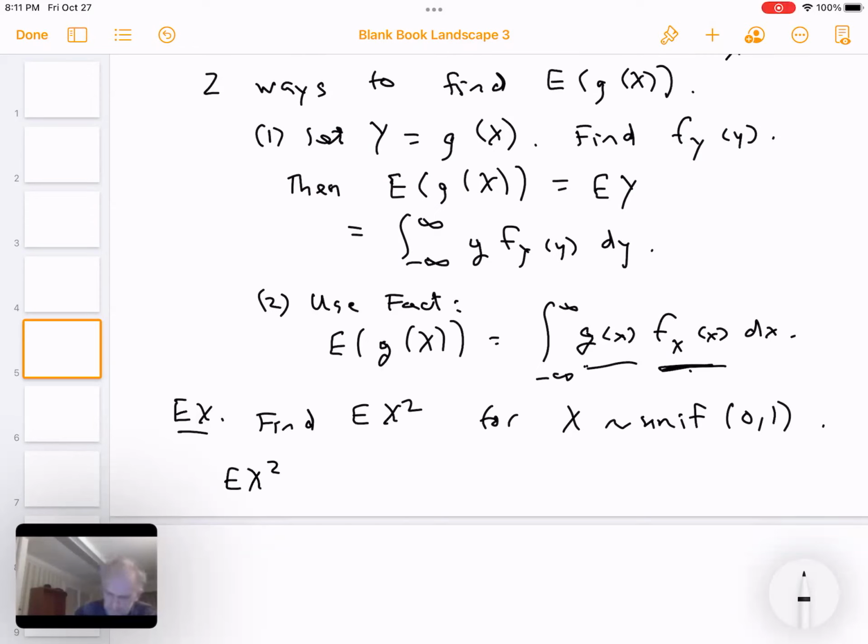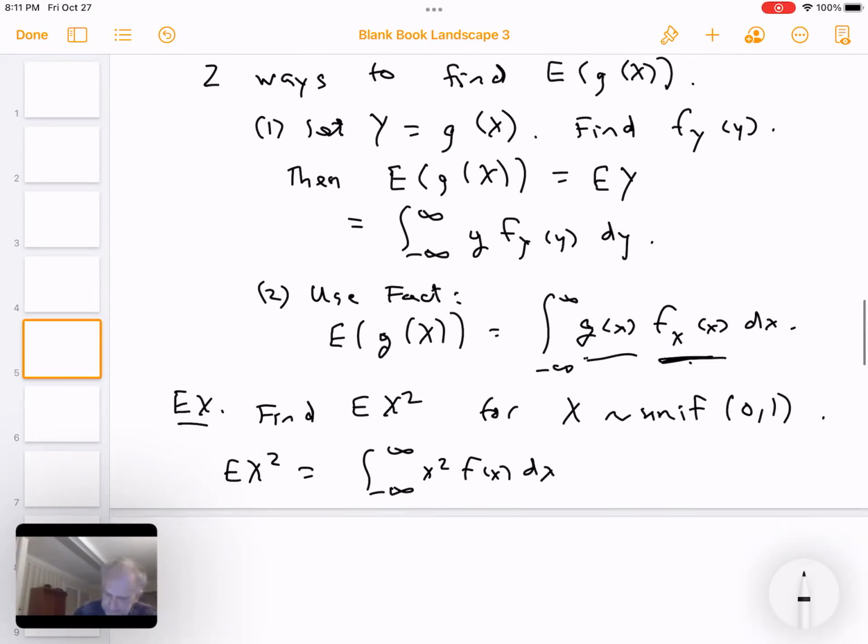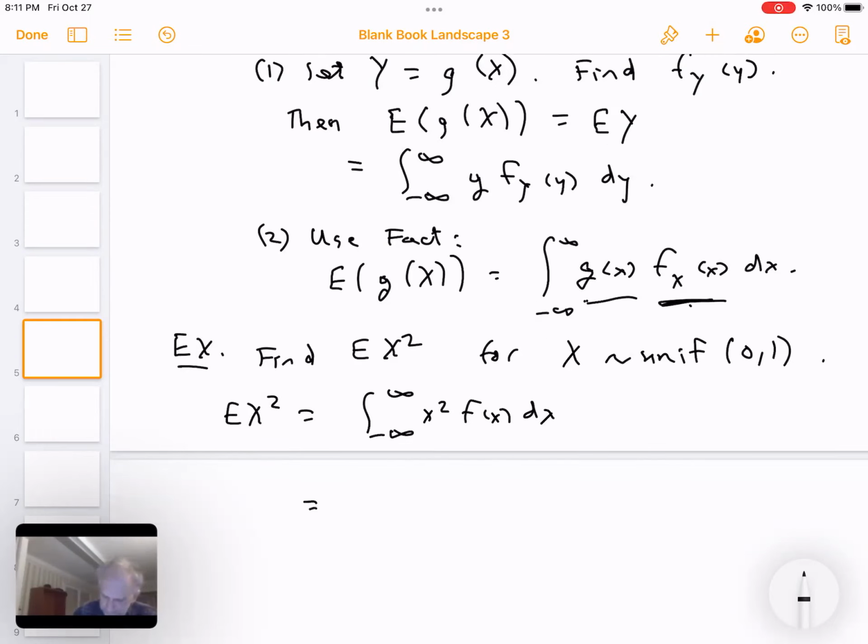E of X squared equals the integral from minus infinity to infinity of little x squared f of x dx. This is 0 everywhere except between 0 and 1, where it's 1. So the antiderivative of x squared is x cubed over 3. So we get a third here.